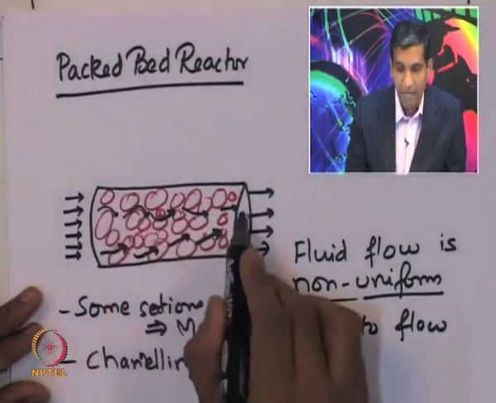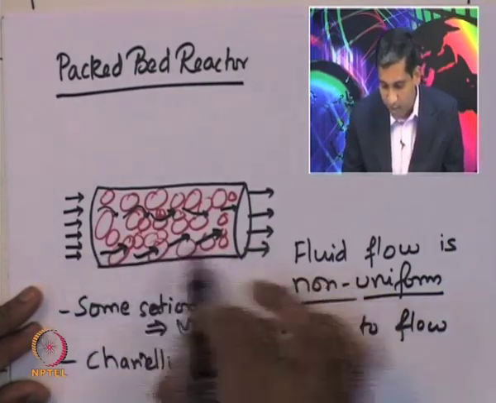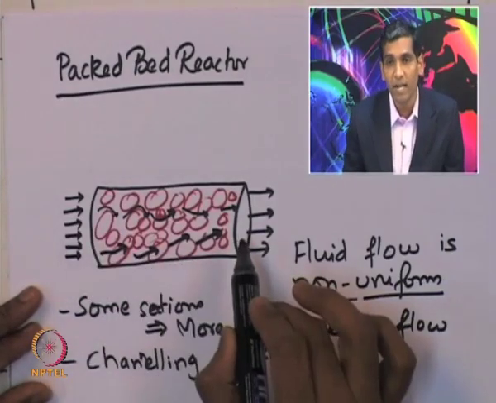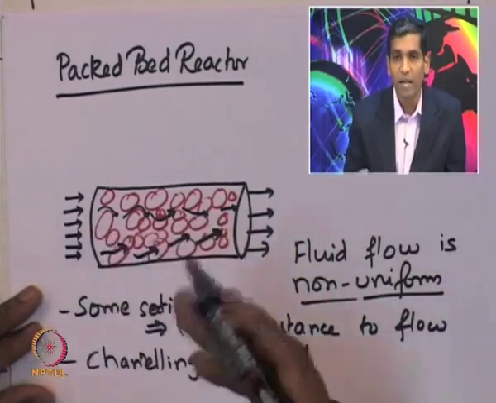So, as depicted here, in some sections of the reactor the fluid will quickly go from the inlet to the exit of the reactor and leave the reactor, while in other sections they spend a lot more time.